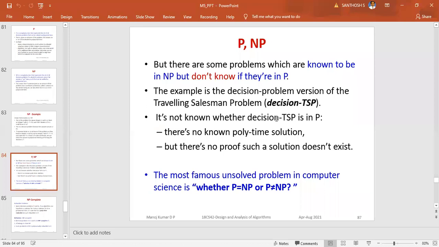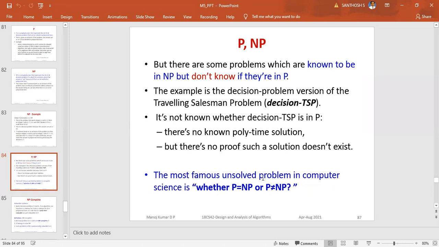It's not known whether decision TSP is in P. So now you have to check, is there any unique solution? A unique solution should be there using algorithms. There is no known polytime solution, but there is no proof that the solution does not exist.